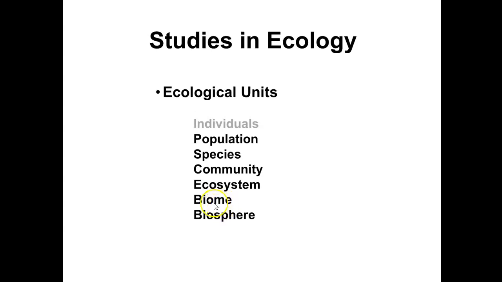And so a tropical rainforest is a particular biome. The open ocean is another biome. And then the biosphere is simply the entire Earth with all of its biomes joined together, makes one large interconnected structure or system called a biosphere. Not really a structure, but a system.